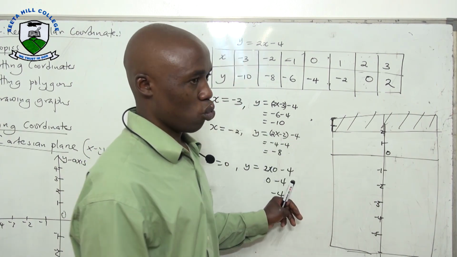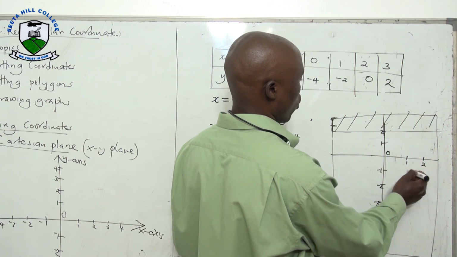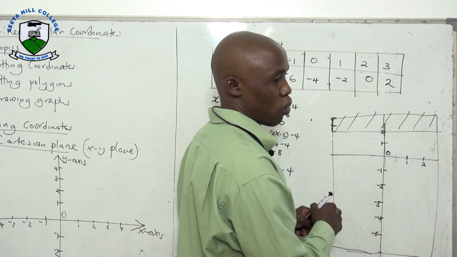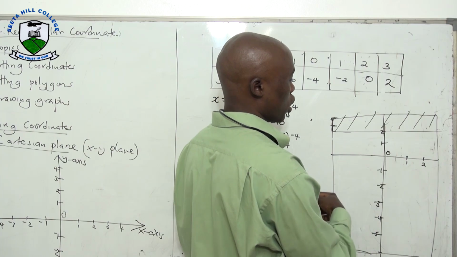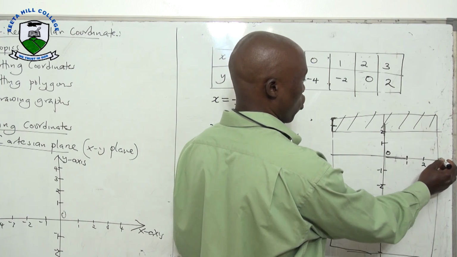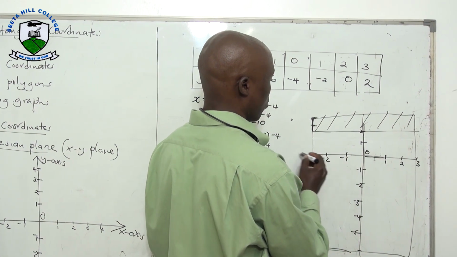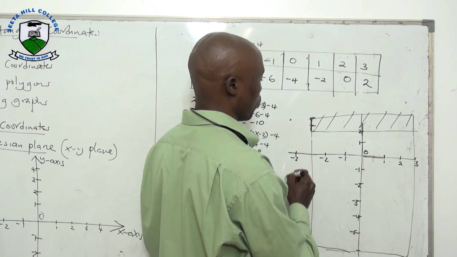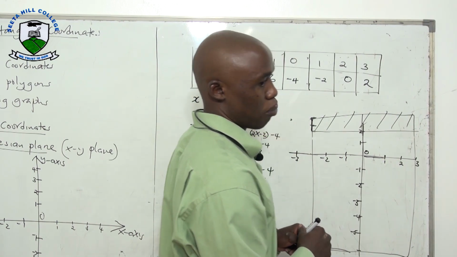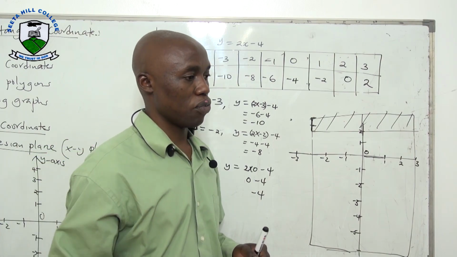Here I think 2 centimeters for 1 unit, 2 boxes for every 1 unit. Because here there are few values, and it's balanced. You can extend up to 4 because we need many. We are plotting up to 3.